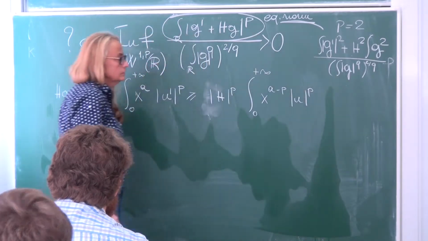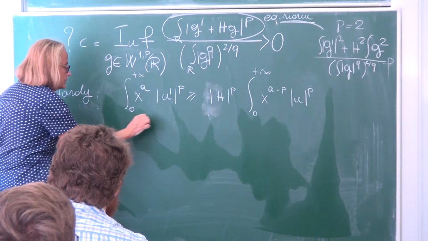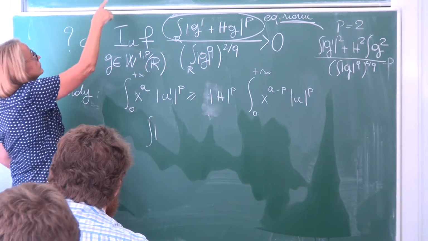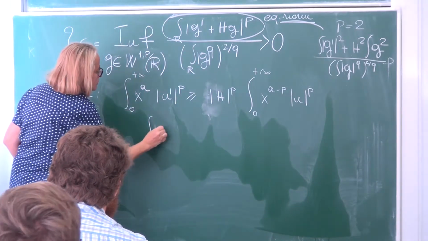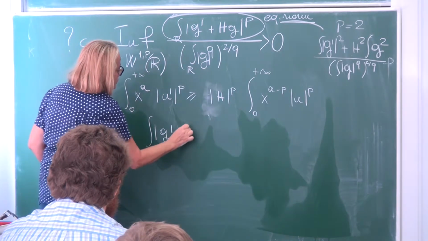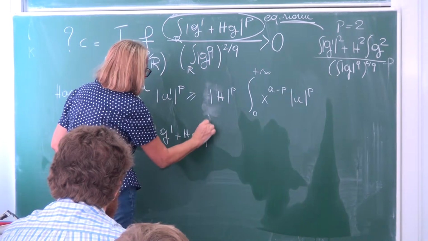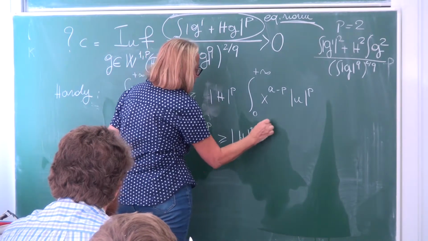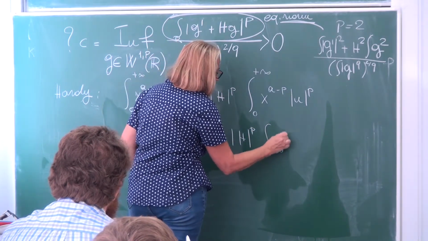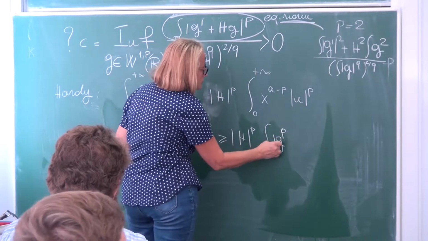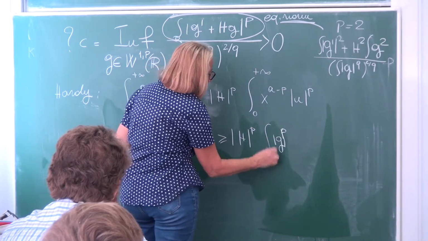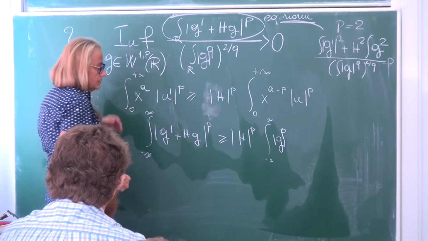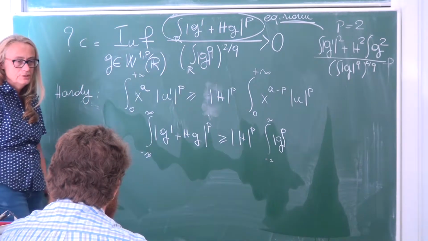This is the Hardy inequality, which can be proved in several ways. You write it as a g, and the Hardy inequality is simply this inequality in terms of g.